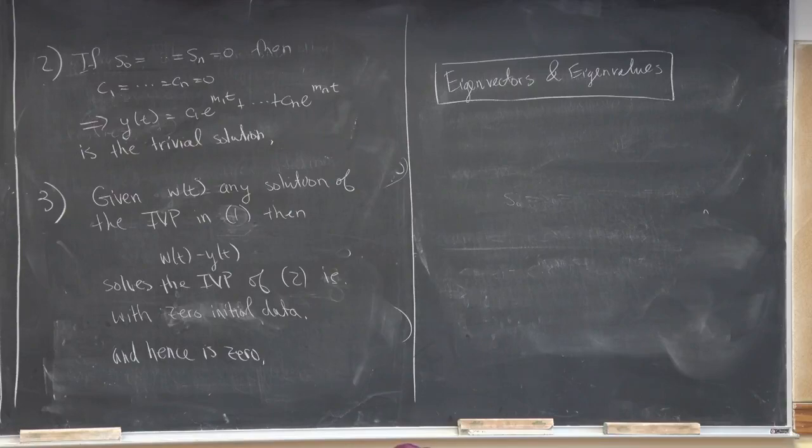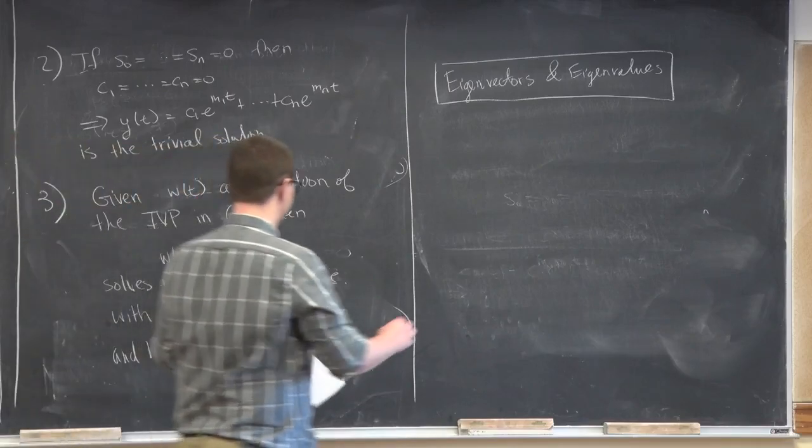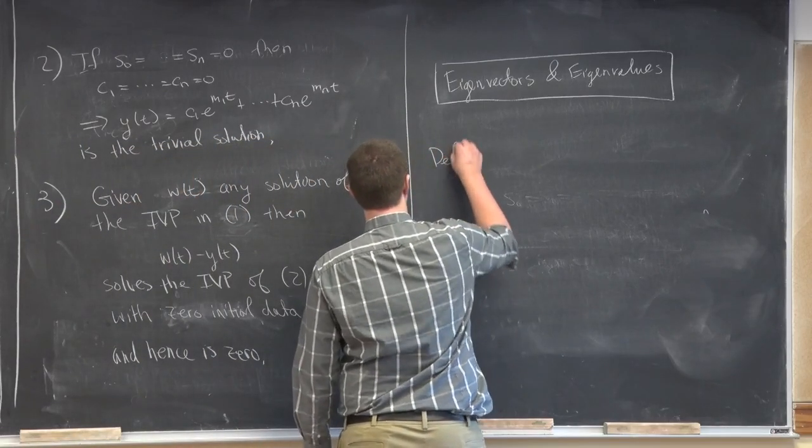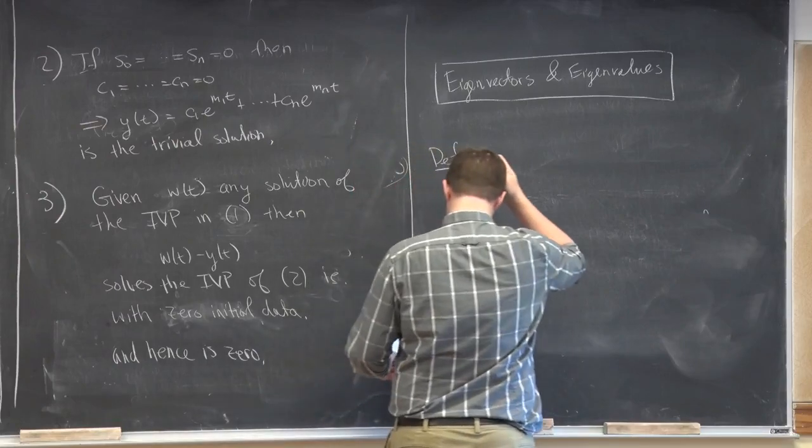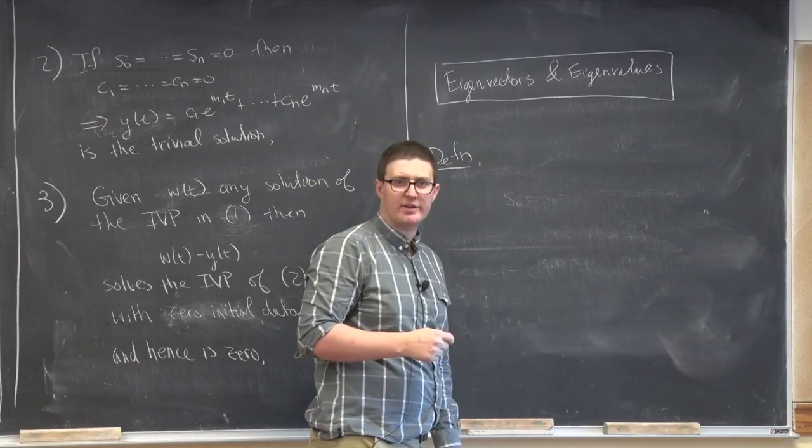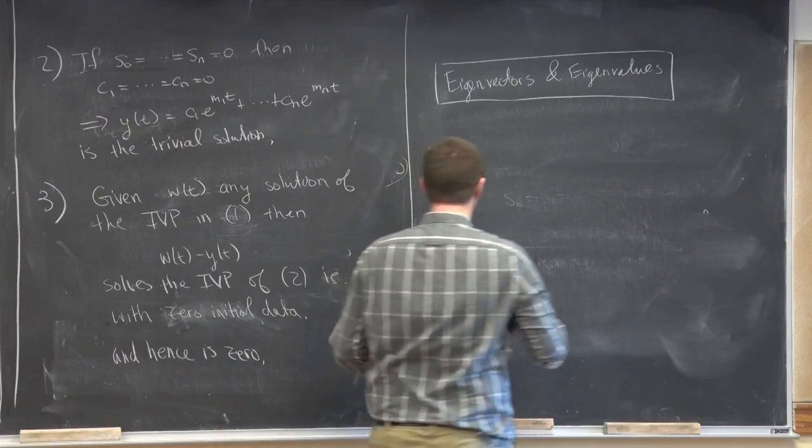Okay, so let me just say something. So, definition. I think I said this informally. Did I state the official definition of what an eigenvector was? Eigenvalue. Okay.